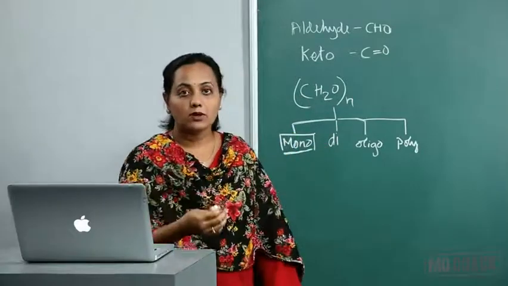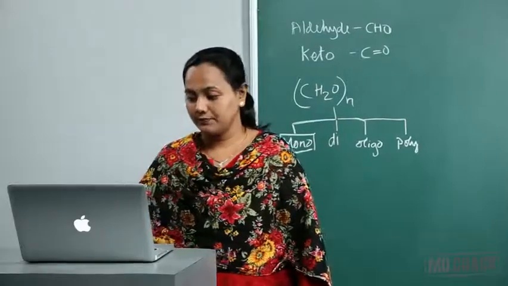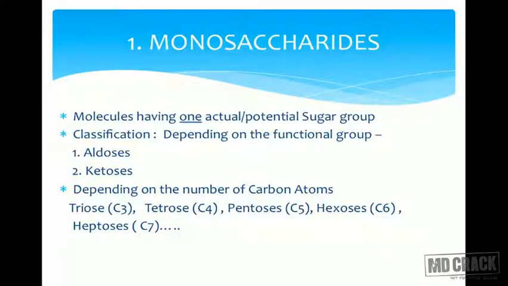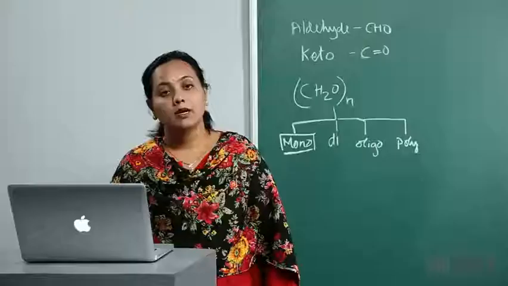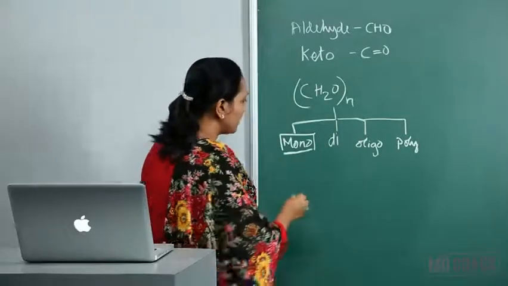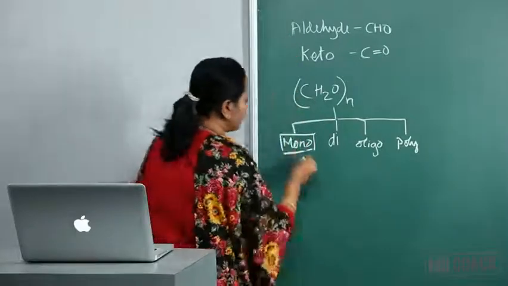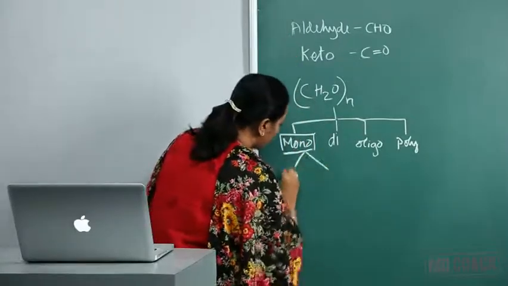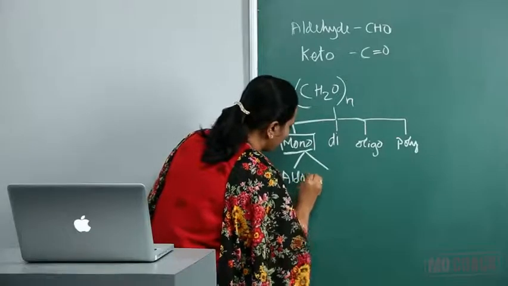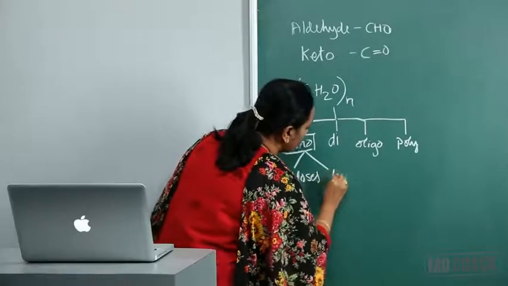So now we go on to monosaccharides. What are monosaccharides? Monosaccharides are molecules which have one potential or actual sugar group. Now these monosaccharides, depending upon the functional group, may be classified into aldoses or ketoses.